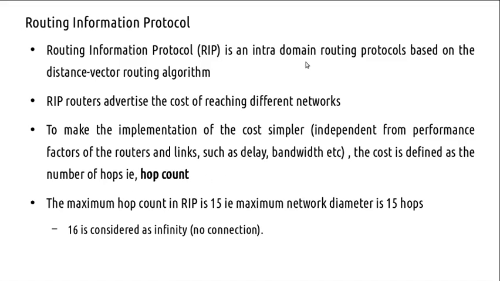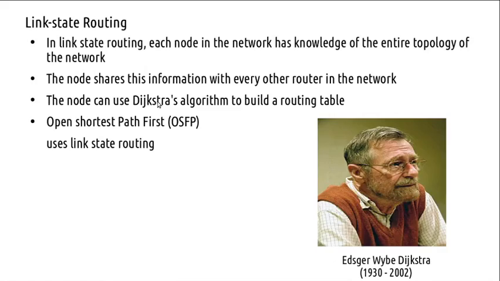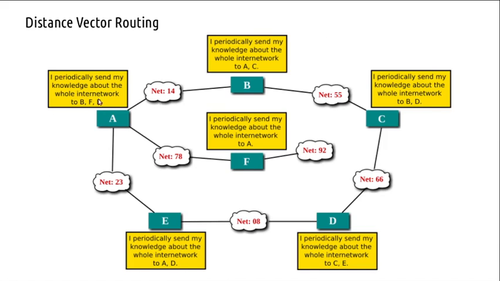If you remember distance vector routing, each of these routers will be sending information about the whole network to the rest of the internet. That is what distance vector routing is.